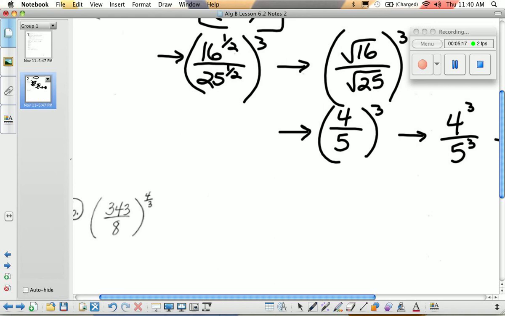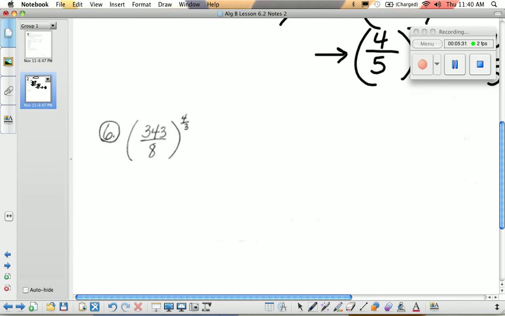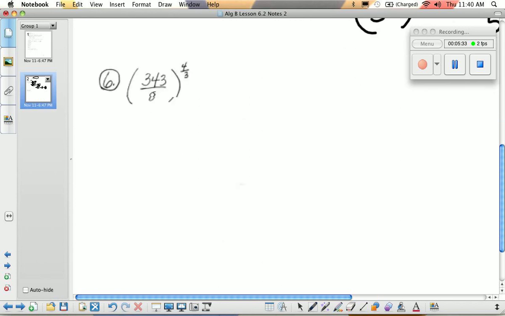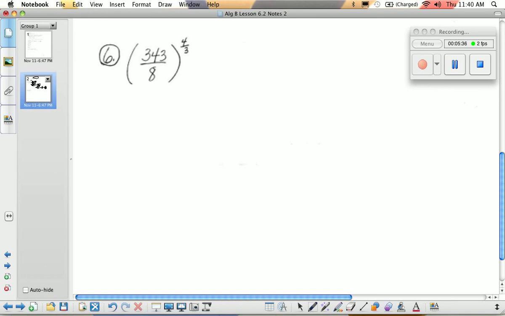No, it doesn't. What else goes into the 8 besides itself? 4 and 2, right? It's 4, 2, and 343. No. Then it's pretty likely that your final answer won't be simplified either.